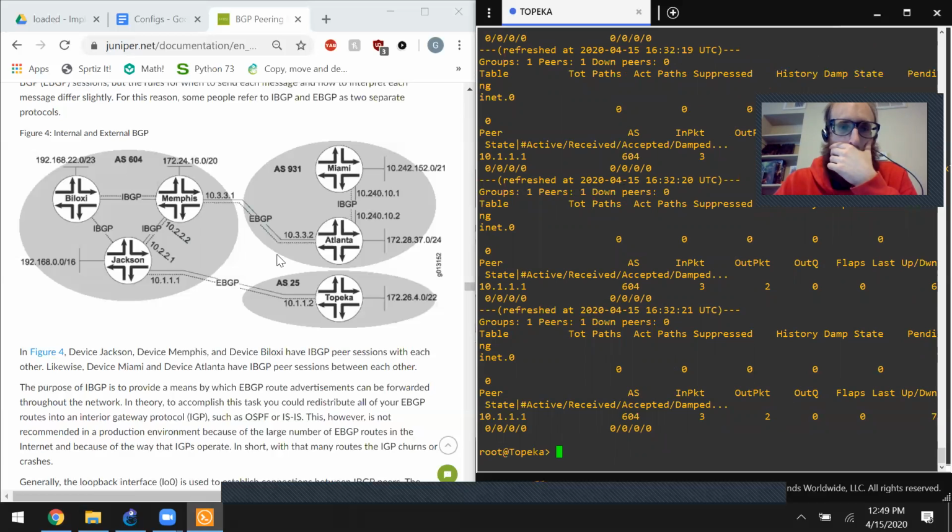All right, so let's think about what some interesting links to look at with Wireshark are going to be. And then let's go ahead and redistribute one of these routes into BGP. Looks like I've only got 49 minutes.